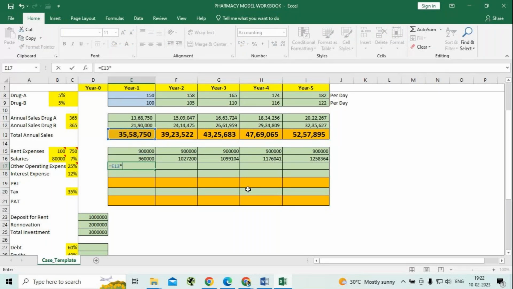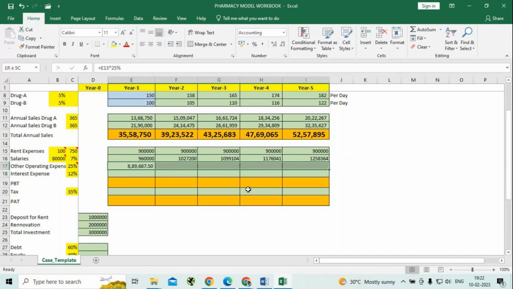So multiply the annual sales value of that year by 25%. So this is the operating expenses value.